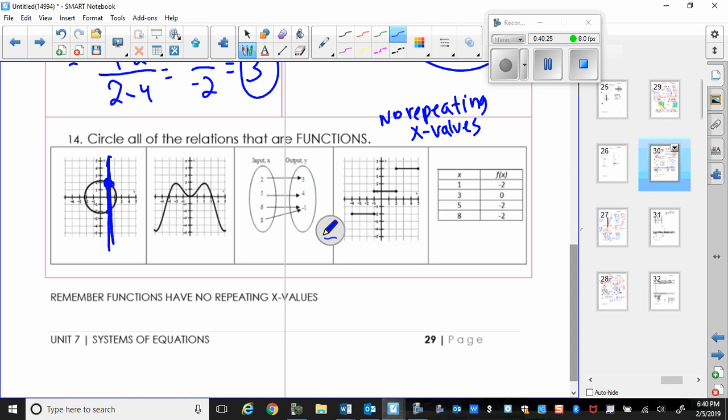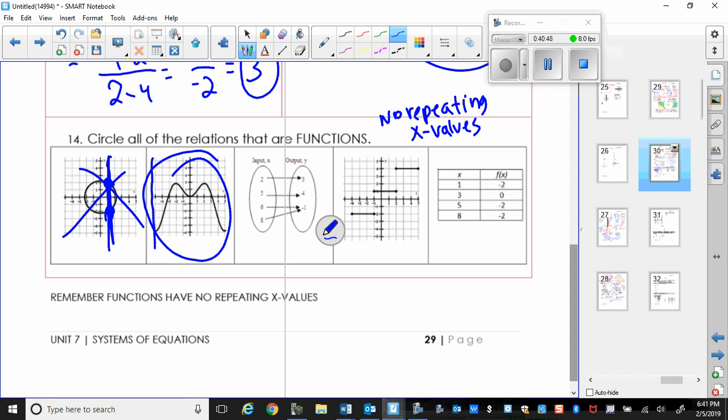I can see I have a vertical line that's being touched in two places by that circle. So this is not a function. Now, if you take a vertical line, you run it through this graph, it is a function. This is a function. This is a function.